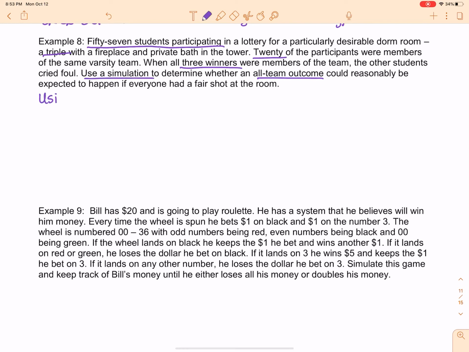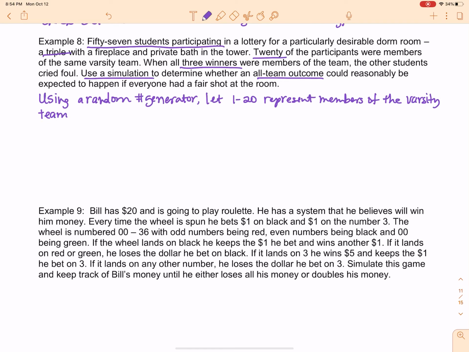So using a random number generator, let 1 through 20 represent members of the varsity team, and let 21 through 57 represent the other students. Okay?